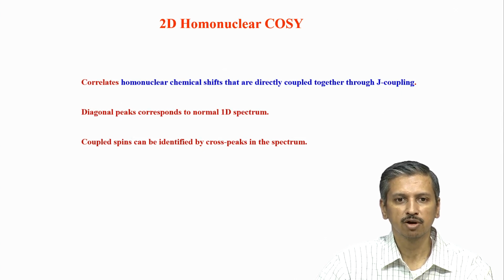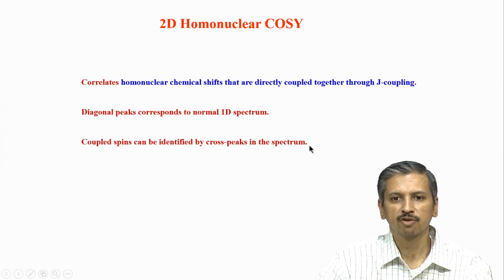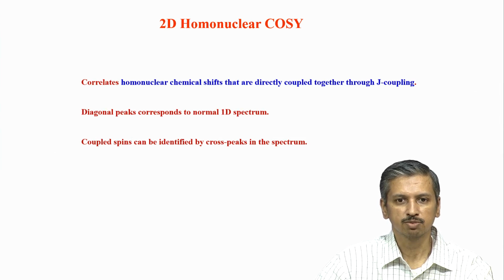So, we would normally like to get rid of it, but it is not so easy to do that. So, we have to live with that. And coupled spins, how do we identify whether two spins A and B are coupled? They can be identified by simply looking at the cross peaks. So, the cross peak is the most important information-carrying peak in the 2D spectrum.